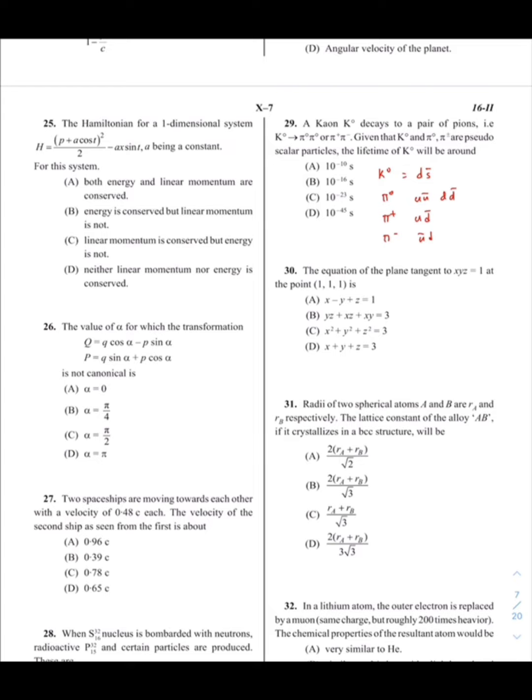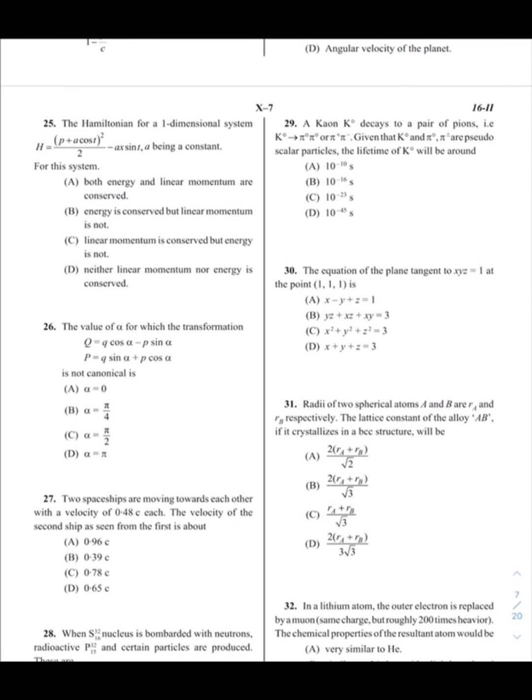So essentially the strange antiquark will be converted to u or d. So the strangeness of the particle changes. So this must be a weak process. The typical lifetime of a weak decay is 10 to the power minus 10 second. So option A is the correct answer.